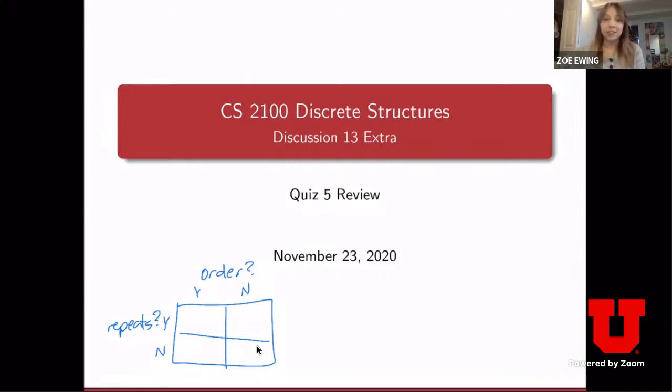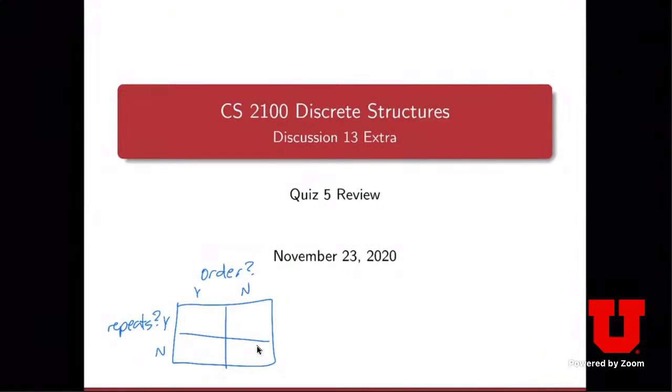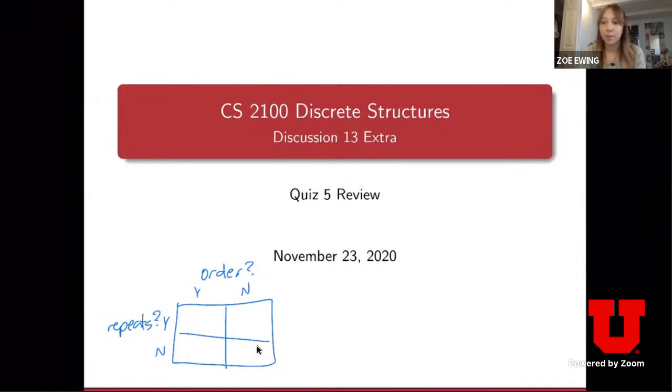Okay, looks like it's going to stay small, at least for now. So let's fill this in real quick. Did any of you fill in this box? Yeah, I have it. What did you fill it with?